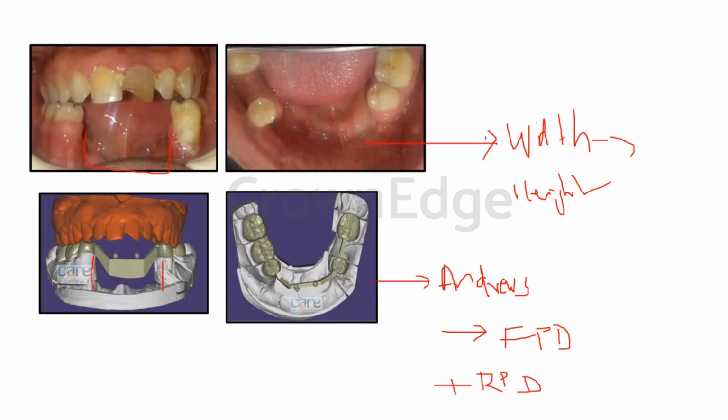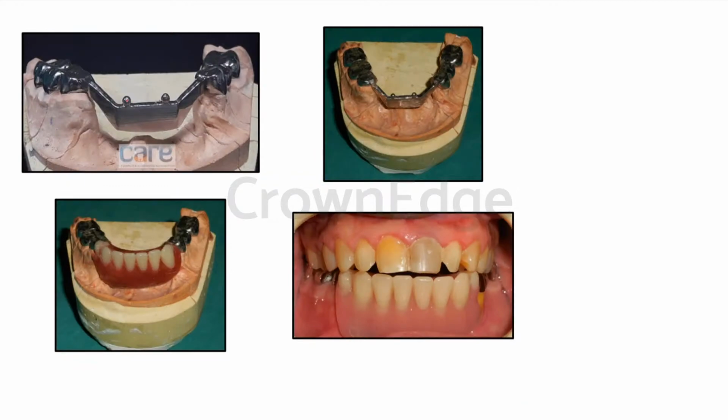To go forward in making an Andrews bridge, we prepare the tooth on either side, right? So you can see over here, we prepare these abutment teeth, okay? And we hang this bar from the abutment teeth. So this bar is hanging with two ball-shaped attachments on either side, okay? To this attachment, as you can see over here, we have already done this. To this attachment, we join an RPD. This is an RPD trial.